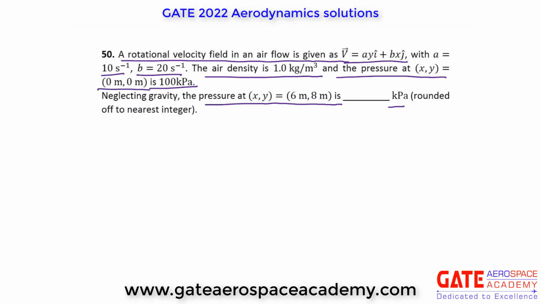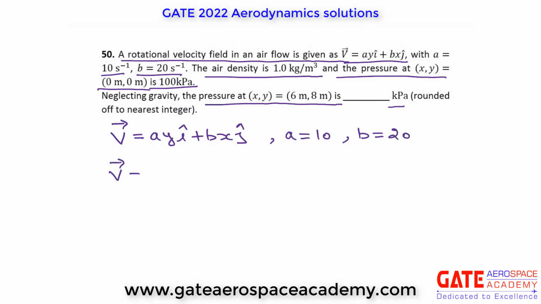So this is the boundary condition they have given. So the velocity vector V is equal to Ay i cap plus Bx j cap. So A is equal to 10 and B is equal to 20. Let's substitute. The velocity vector will be equal to 10y i cap plus 20x j cap.